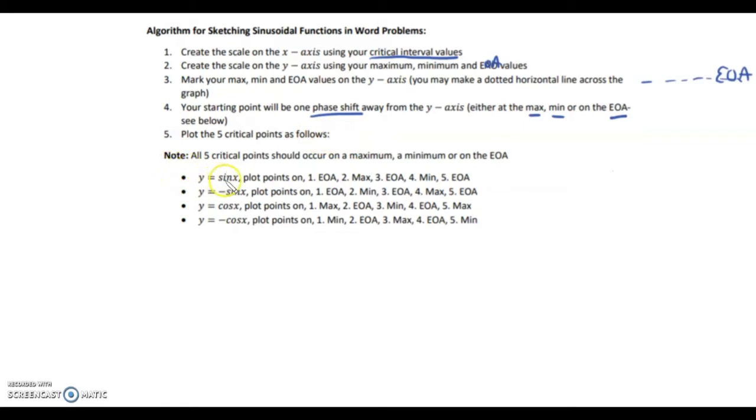So sine, as a recall, starts on the equation of axis, max, equation of axis, min, equation of axis. That's going to be our patterning for sine. If we have a reflection, instead of going up to a maximum at first, sine will go down to a minimum, equation of axis, then a maximum, equation of axis.